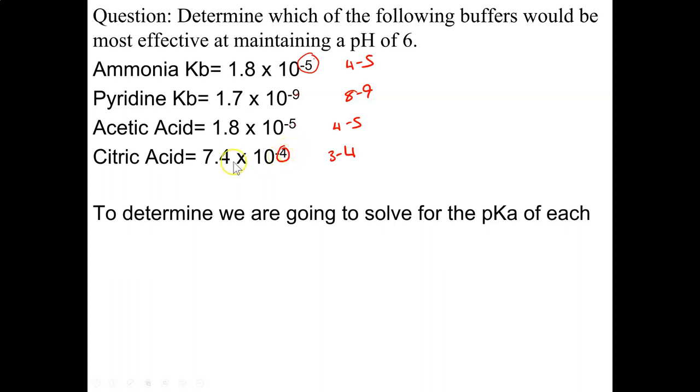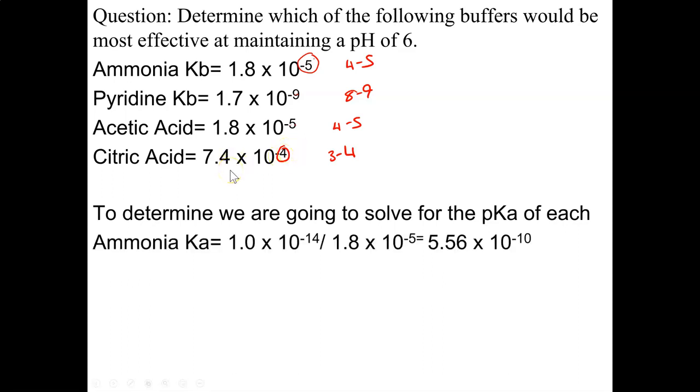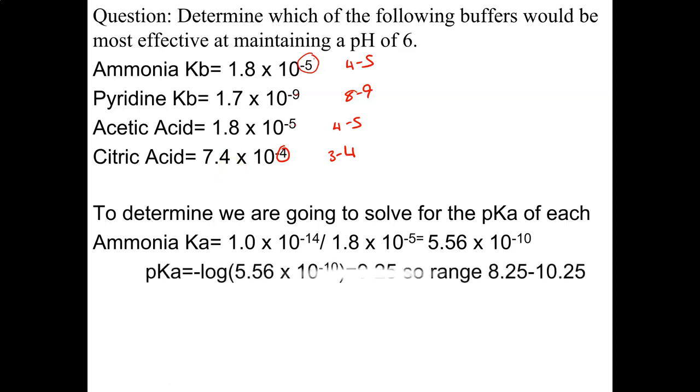So to determine this, we're going to solve for pKa for each. So for ammonia, Ka is 5.56 times 10 to the negative 10. So the pKa is equal to 9.25. What I did here, I did it the hard way just to show you how it looks. I solved for Ka first because remember, Kb is equal to 1 times 10 to the negative 14 divided by your Ka.